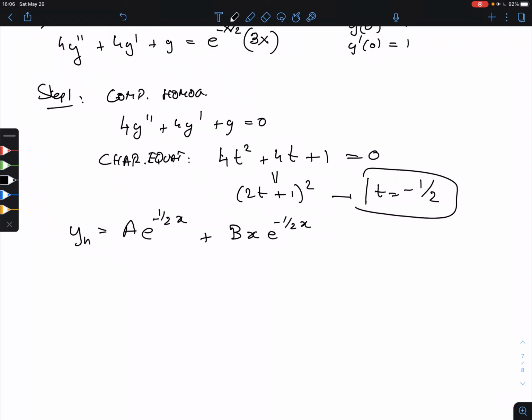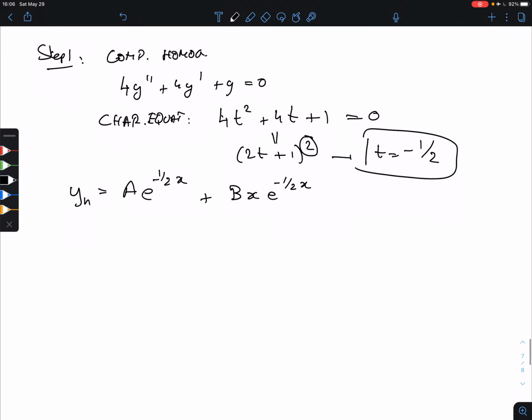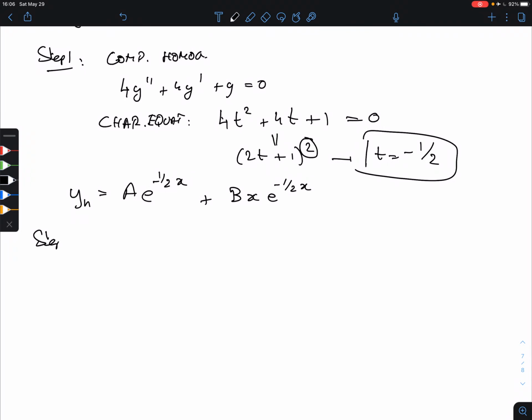We have only one root. It kind of counts twice. Another way of saying it, one says often this is a root of multiplicity 2, because it's the power 2 in the factorization. Okay, but that's not so important. That's what happens. Okay, sure. Step 2. Variation of parameters.